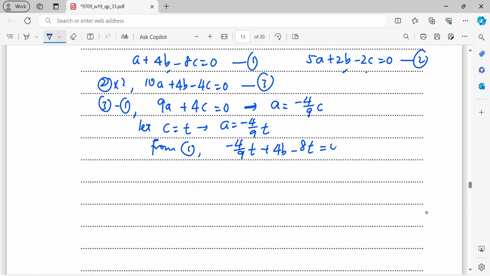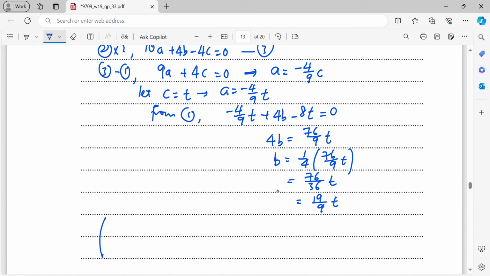So I will be getting 4b equals to, both negative terms moved to the other side becoming positive, 76 over 9t. Now for b, just divide by 4. So 1 over 4 times 76 over 9t is going to be 76 over 36t, and this is simplified into 19 over 9t. So I found my b.